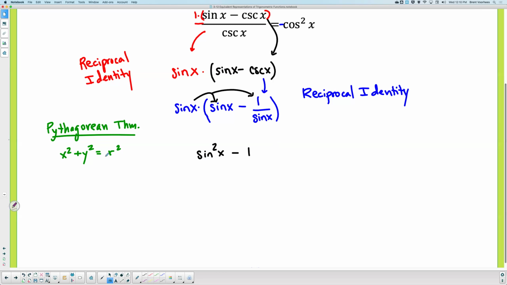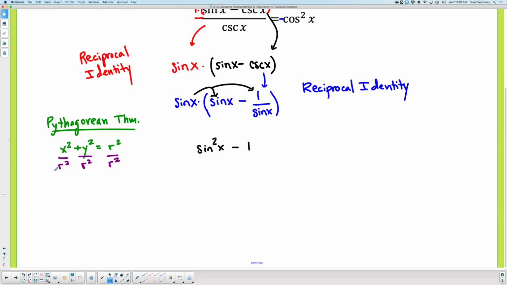You go to your Pythagorean identity and say, okay, this is y squared over r squared, so I need this to be y squared over r squared. The rule of math: if I'm going to divide this by r squared, I have to divide everything by r squared. You follow? And this will give me the Pythagorean identity that was on the front page.